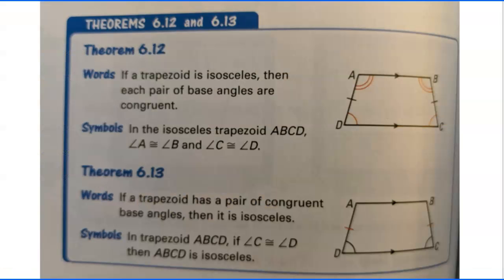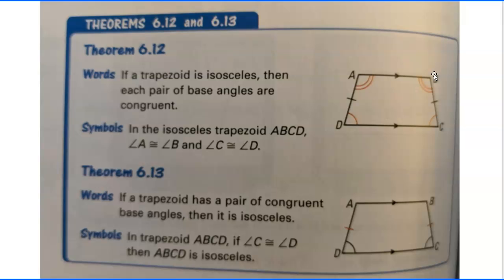Okay, so now let's take a look at some theorems. As a result of the information that we have, some theorems. We've got that word isosceles popping in here again with trapezoids. If a trapezoid is isosceles, then each pair of base angles are congruent. That kind of makes sense. We've got these 2 lines are equal. They measure the same. These 2 lines are parallel. So we've got 2 different things going on here.